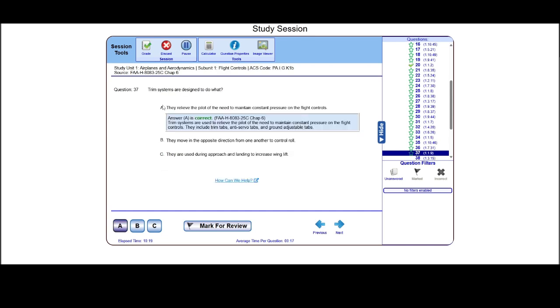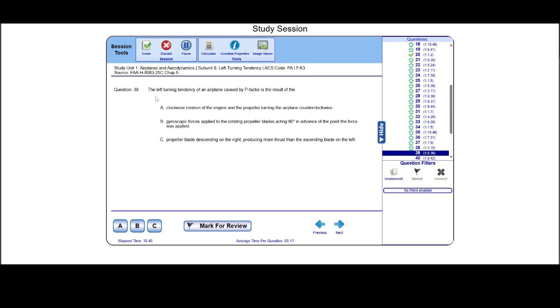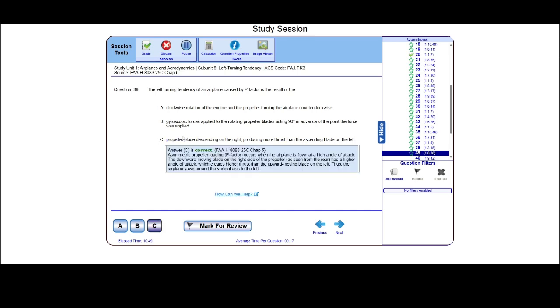Relieve the pilot's control pressure. Also, trim systems are very important. They're the reason why your flight isn't like crazy turbulence, and they keep the plane stable. Angle of attack is the angle between the chord line and the relative wind.